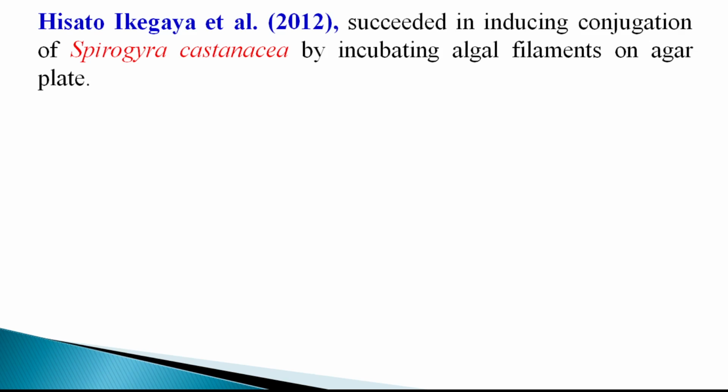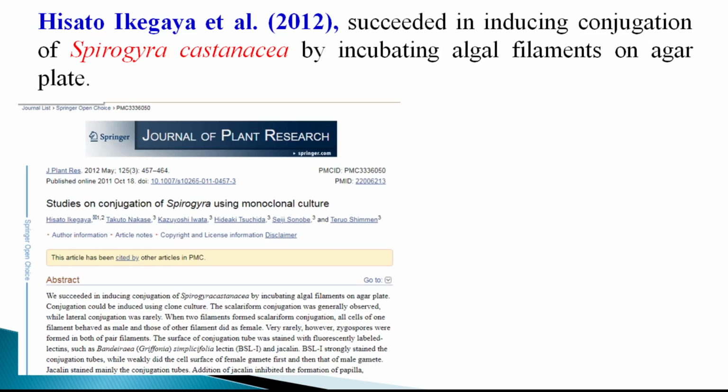This finding suggested that there may be a possibility of getting lateral conjugation as well as scalariform conjugation simultaneously. They published this interesting finding in a journal of plant research, and all the contributors were involved in this investigation.